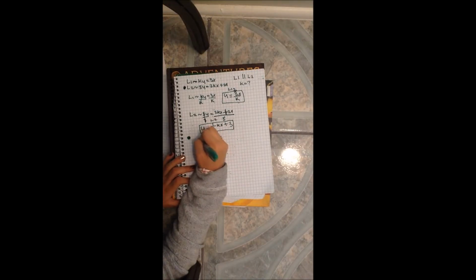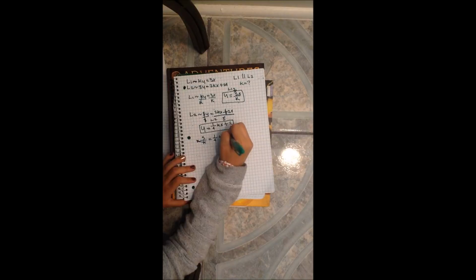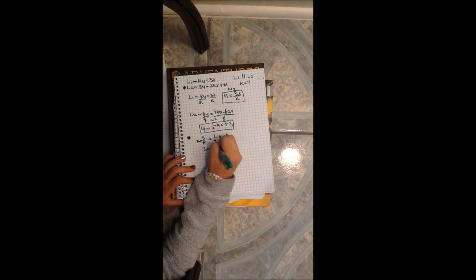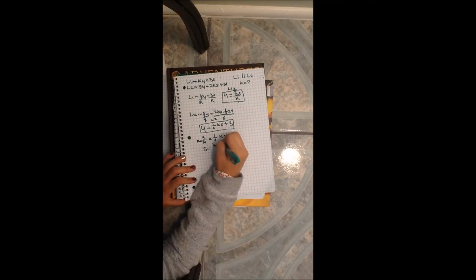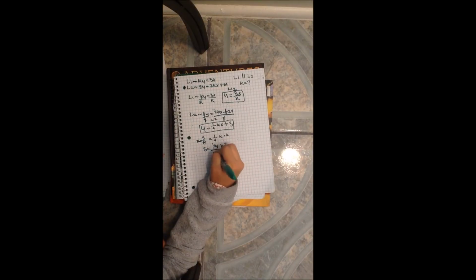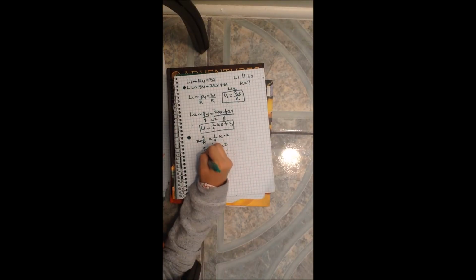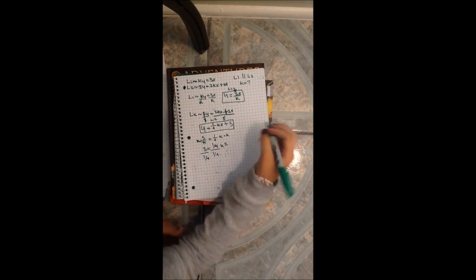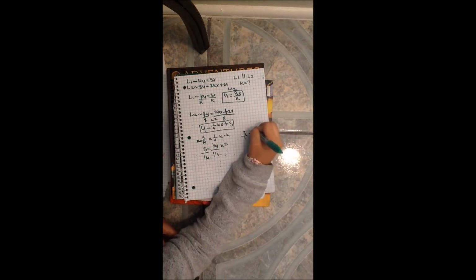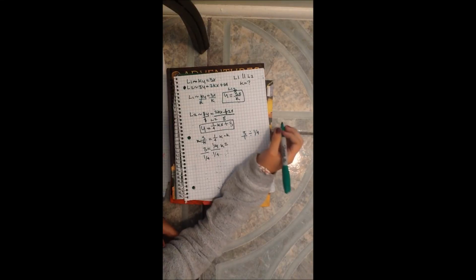So multiply this times k to get rid of it, and then you multiply this times k. So it would be 3 equals 1 over 4 k squared. You want to isolate your k now, so divide by 1 over 4, and then 1 over 4. So it would be 3 over 1 divided by 1 over 4.